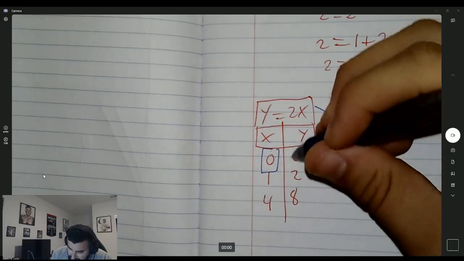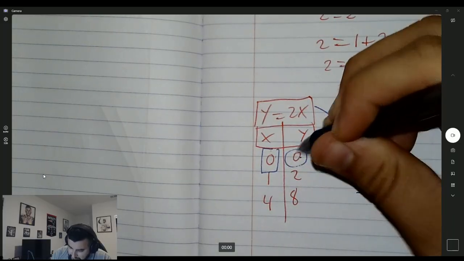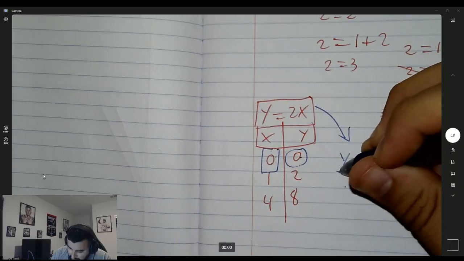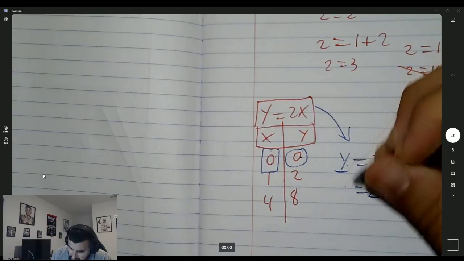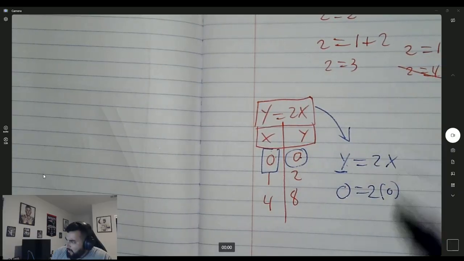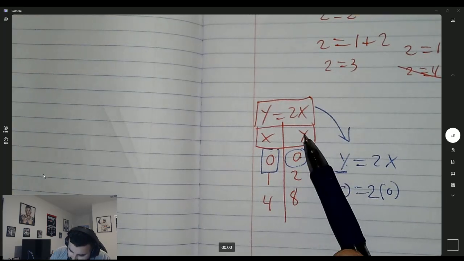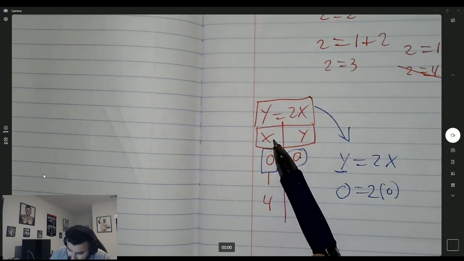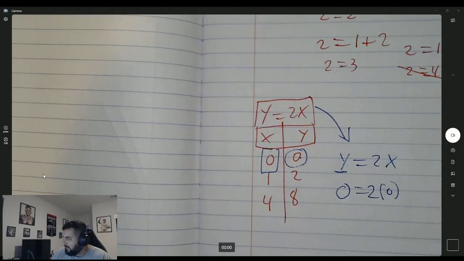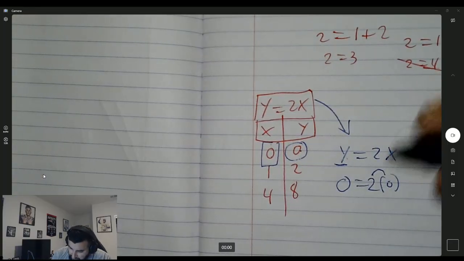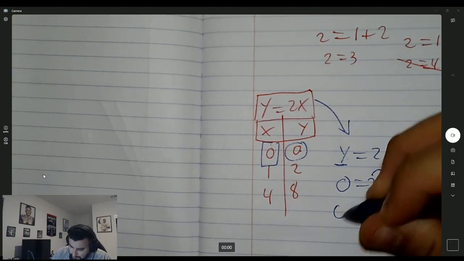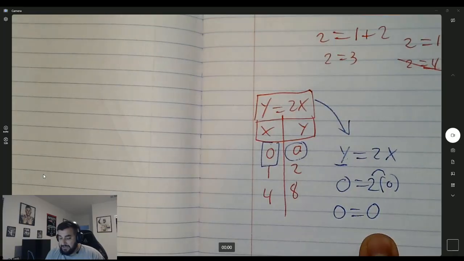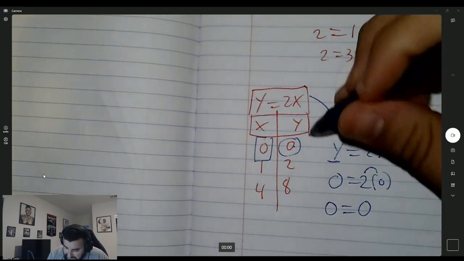And I'm going to substitute the y with the 0. And where was the y? It was right here. So I'm replacing this y, putting a 0 right here. And why did I do that? Because it told me y is 0 when x is 0. Now let's see if it's a true or false statement. 2 times 0 is 0, and I get 0 is equal to 0. And since that's a true statement, this checks off.